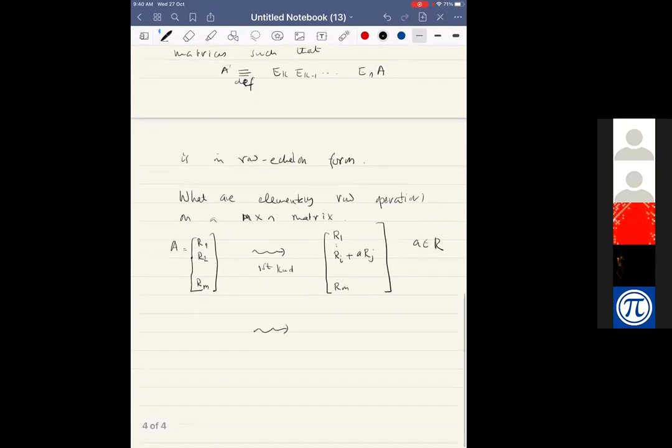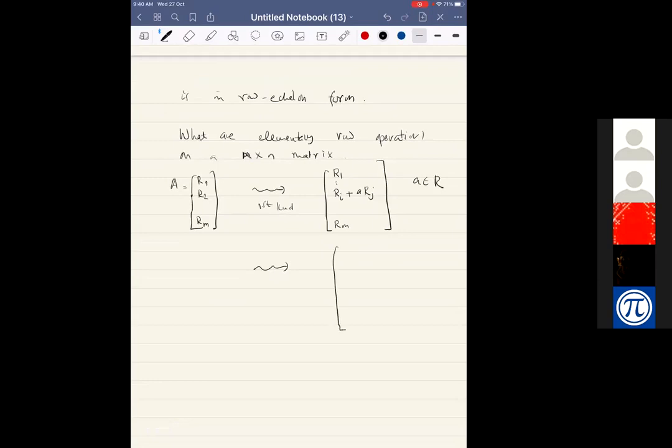Second kind, R1, ..., Rj, ..., Ri, ..., so Ri and Rj get interchanged.